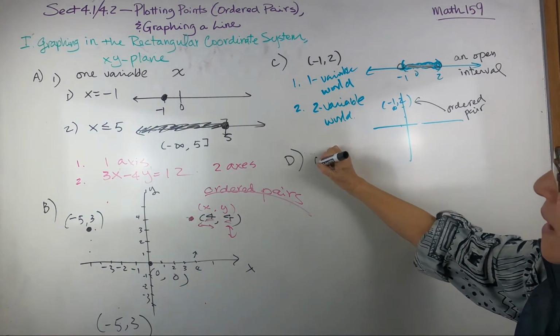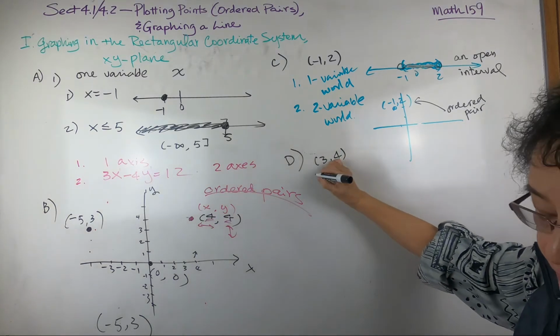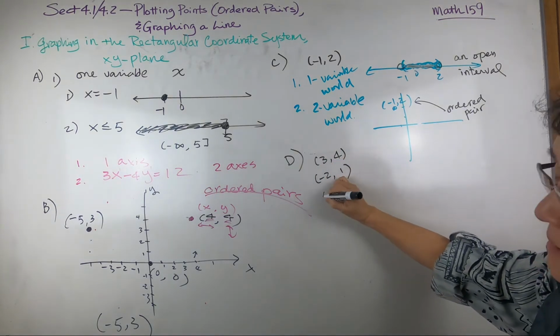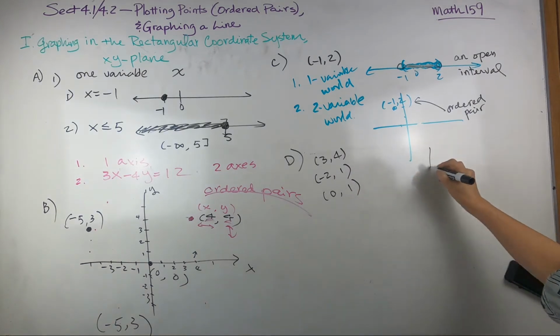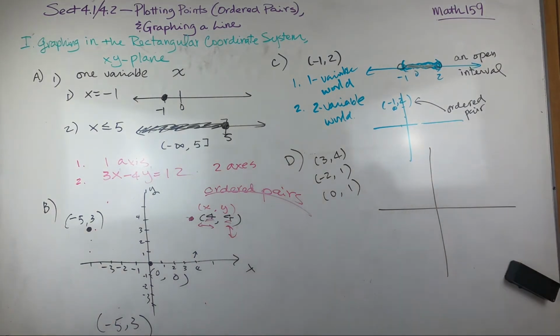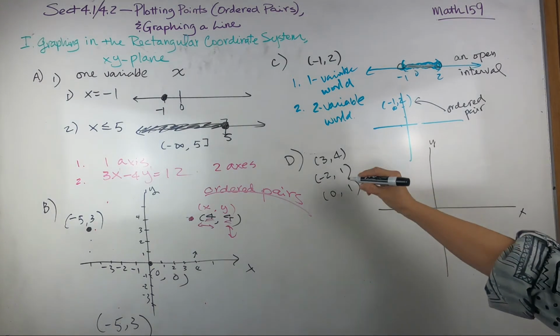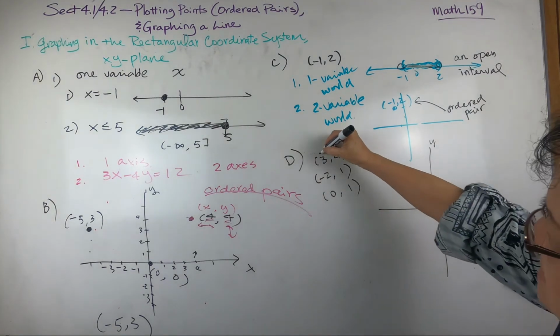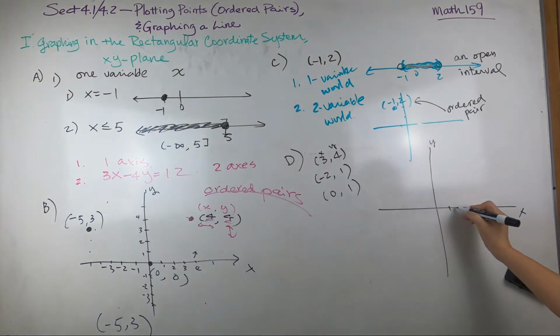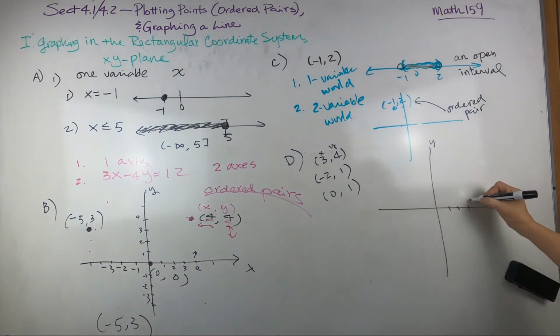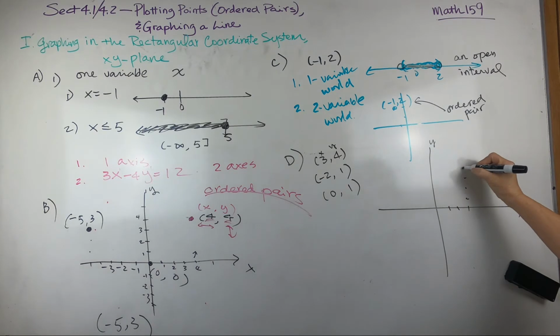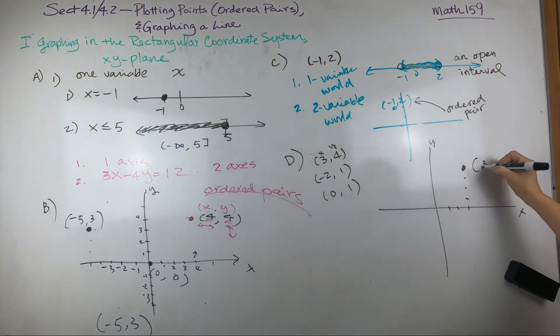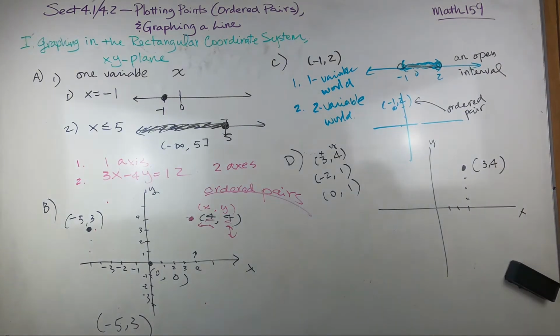So we want you to plot (3, 4), (-2, 1), and (0, 1). What do you think you would do? That's your XY plane, right? So 3, 4, that's your X, that's your Y. 3, you go to the right 3 places. 4, you go up 4 places. So that would be the point (3, 4). Okay?